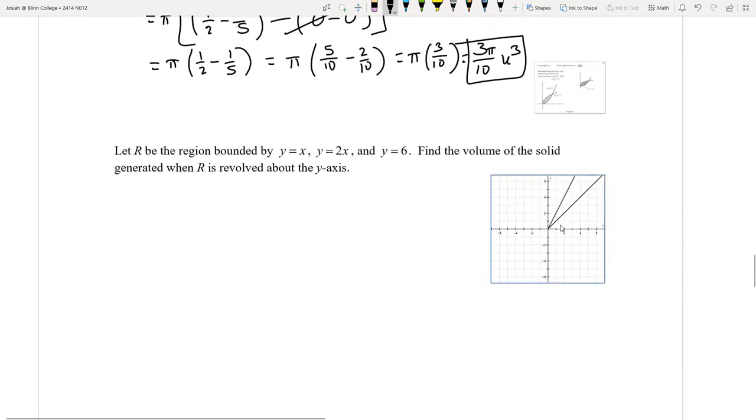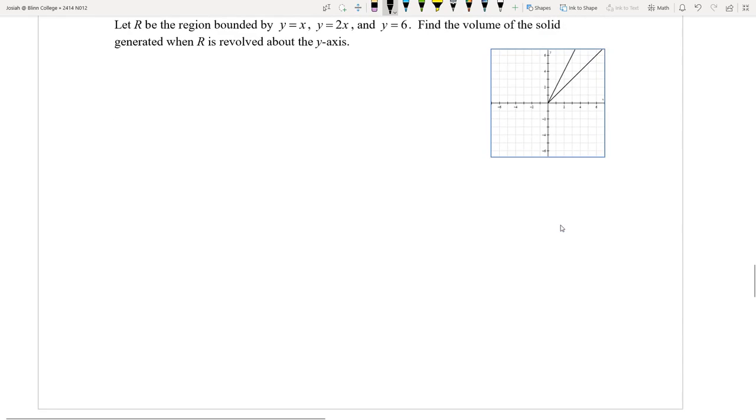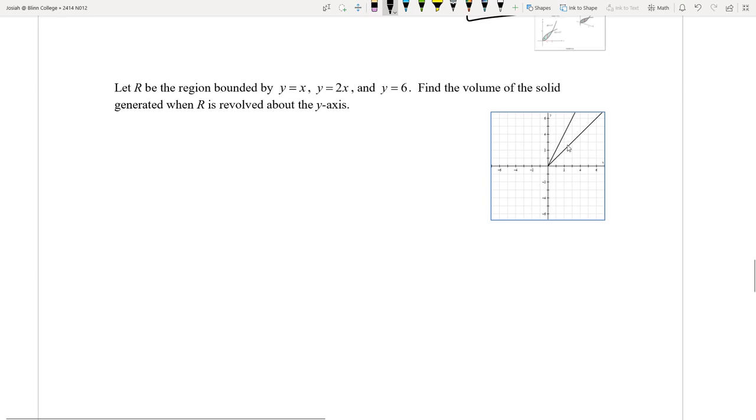And so the last one we'll look at here is going to be, again, about the y-axis. So let R be the region bounded by y equals x, y equals 2x. So we do have to determine which one is which. We see that this line has a steeper slope. It goes through the point (1, 2).